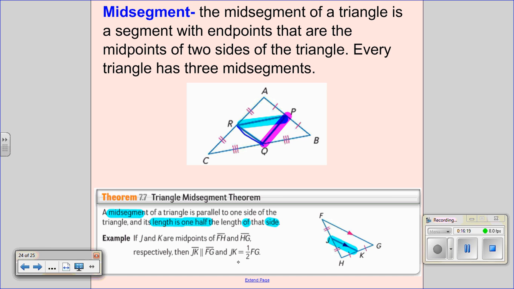Another way to look at it is if I were to multiply by 2 on both sides of this equation, I would create a new equation. I could say 2 times JK is equal to FG.